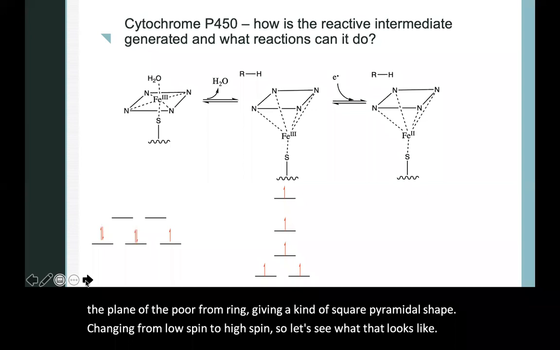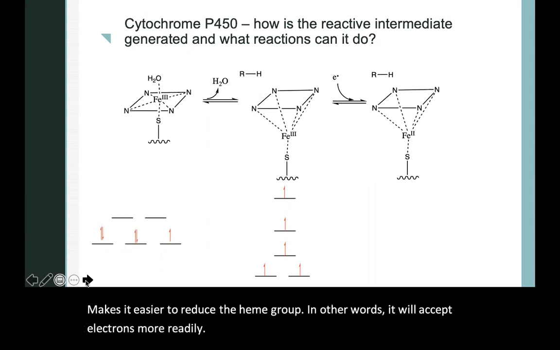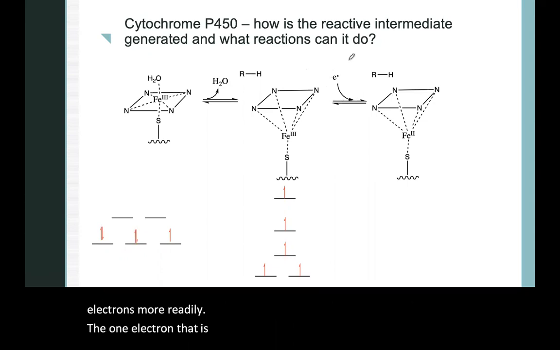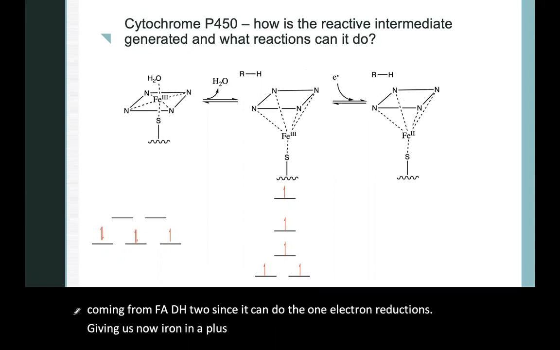This makes it easier to reduce the heme group. In other words, it will accept electrons more readily. The one electron that is added here in this last step is probably coming from FADH2, since it can do the one electron reductions, giving us now iron in a +2 state.